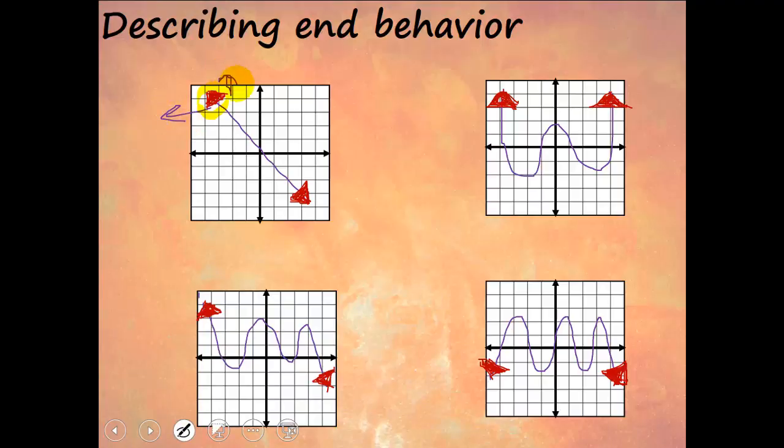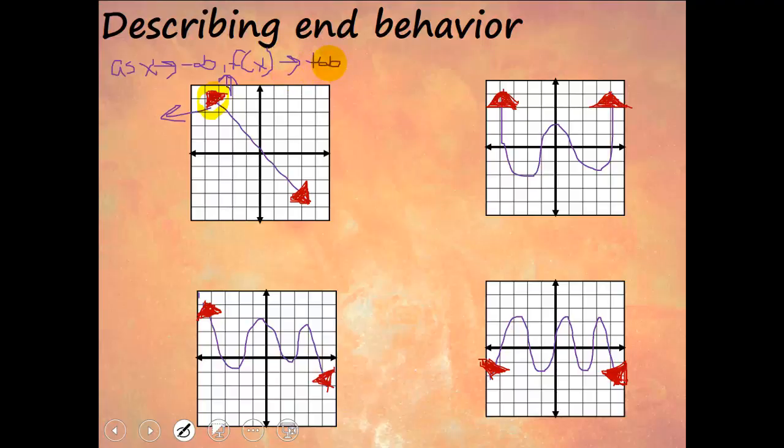The left is what you're going to use when you describe the x behavior. The up is what we're going to use to describe the f of x behavior. So as x goes on and on to the left, which is negative infinity, then f of x, the y value, is pointing on up to positive infinity.